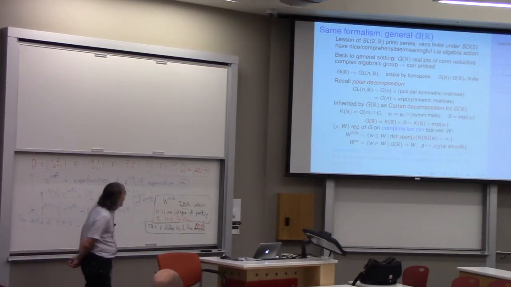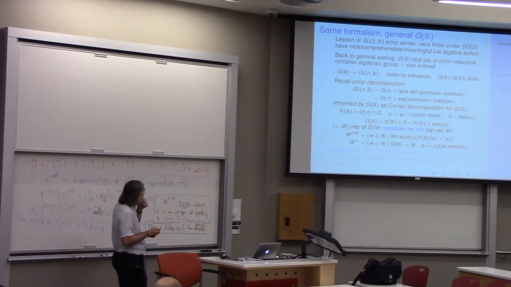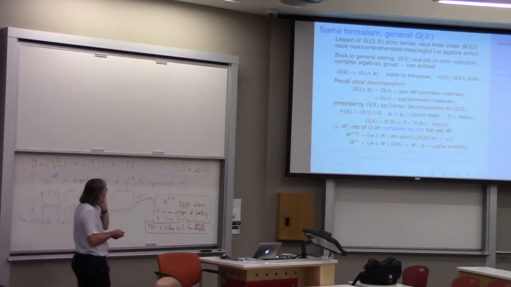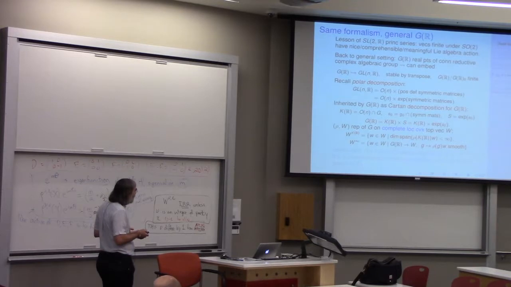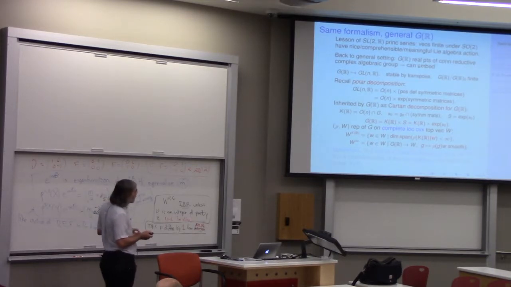Okay, so if I've got a nice representation, I'm sorry, I failed to change so many of the G's to G of R. Nice representation of G of R, then there are two things I can look at. One is I can look at the K of R finite vectors, the things that transform finitely under this compact subgroup.